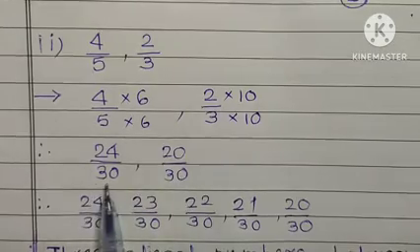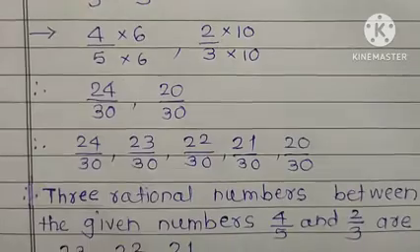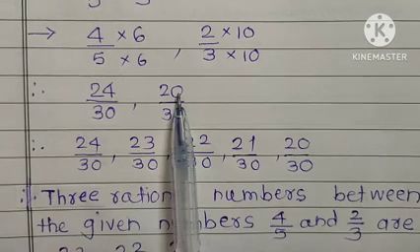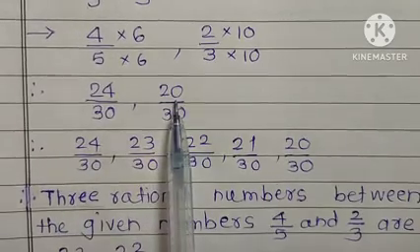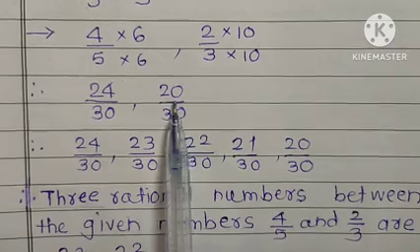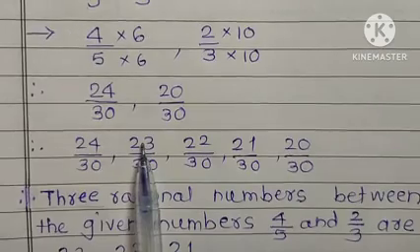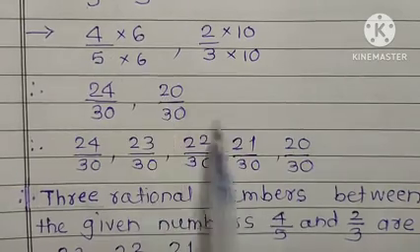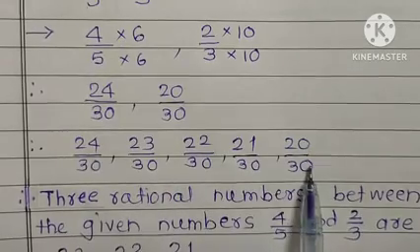So after the denominators get similar, you write numbers from this to this, increasing or decreasing by 1. Here 24 by 30 and we have to go up to 20. That means go on decreasing. 24, then 23, 22, 21 and then 20. Okay. Every time denominator 30.